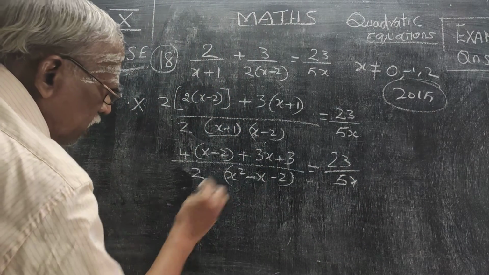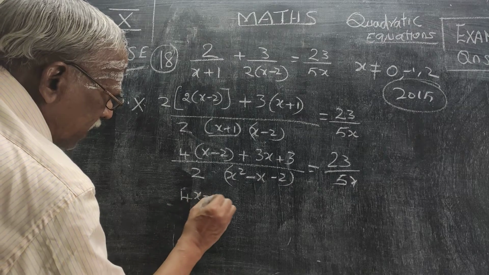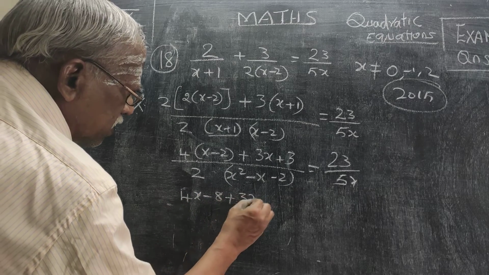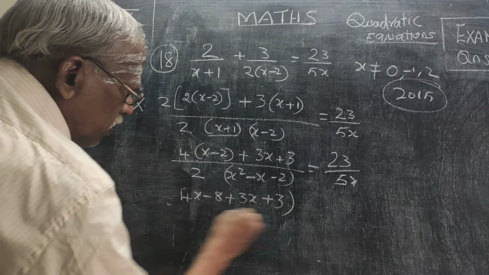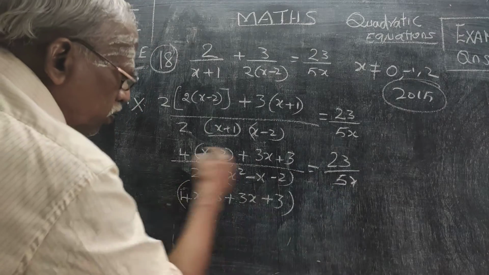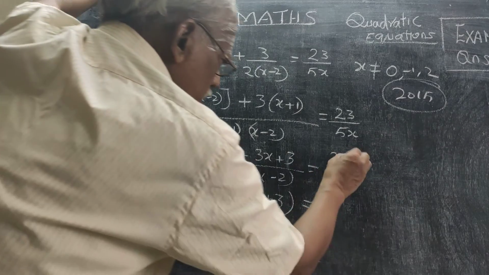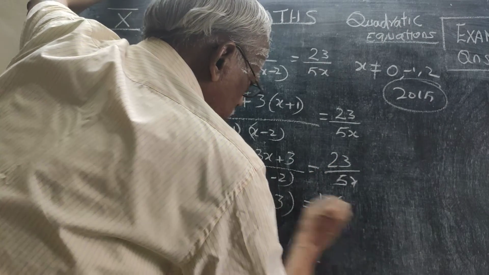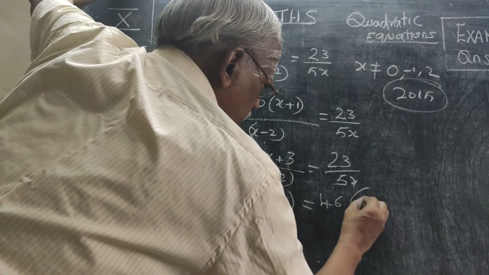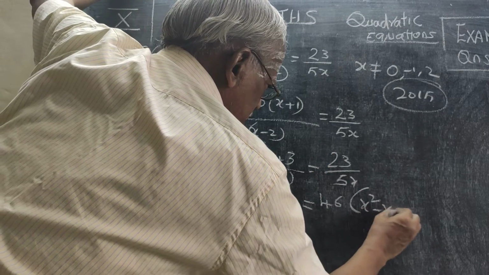On multiplication and removing the bracket, 4x minus 8 plus 3x plus 3 into 5x equal to this 2 into 23, so 46, and x square minus x minus 2.